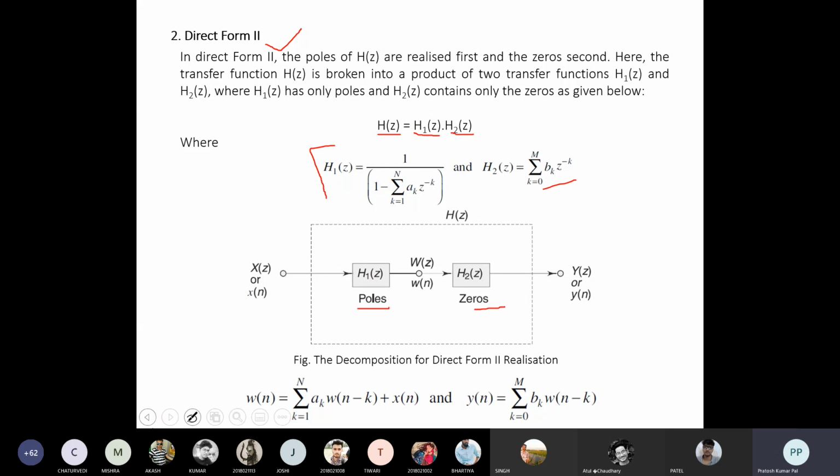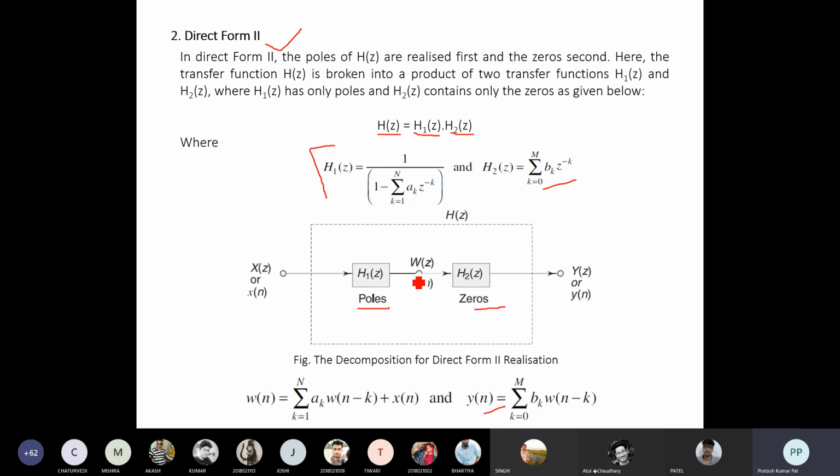So w of n will be equal to the sum from k equals 1 to N of a_k w of n minus k, plus x of n. Similarly, the final output will be in terms of y of n, which will be in terms of w of n minus k. From this form, we can get w of n by this equation, and similarly y of n by this equation.